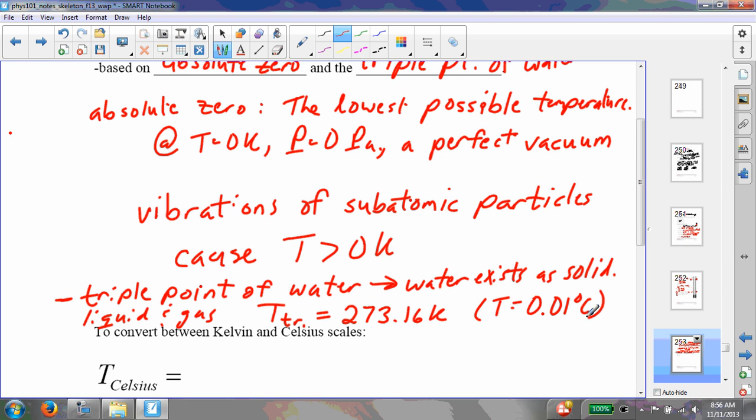So the Kelvin scale is based on T equals 0, which is absolute 0, to T equals 273.16, which is the triple point of water. So between absolute 0 and the freezing point of water, basically we have 273 degrees.